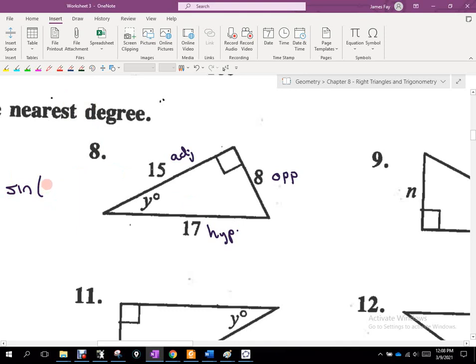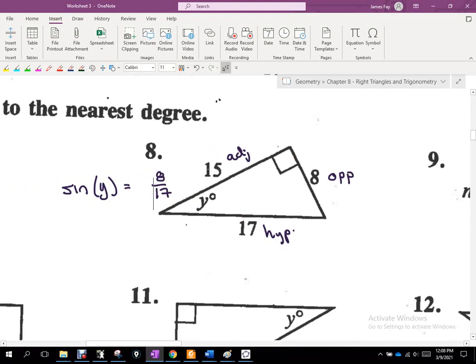I don't know why, but if I go sine of y is equal to opposite over hypotenuse, so 8 over 17. You guys remember yesterday, if that y value is stuck in the parentheses, we call it the argument. Okay, if it's stuck there, you remember how you get it out? Take the inverse. Okay, so we go sine inverse of this side and sine inverse of that side.